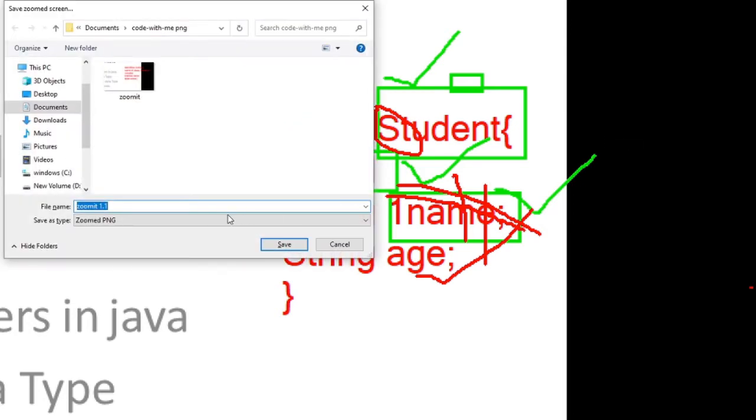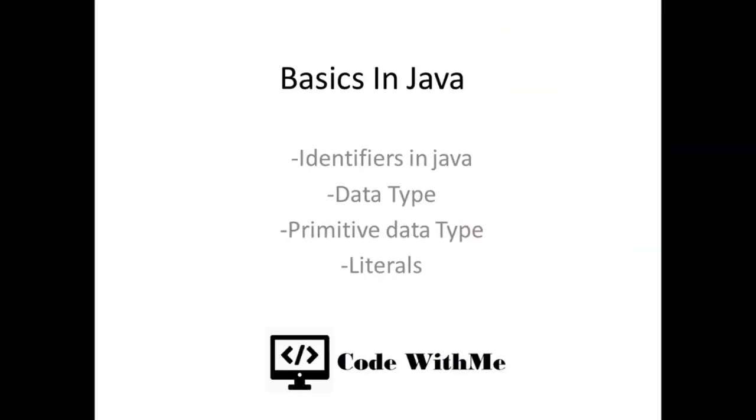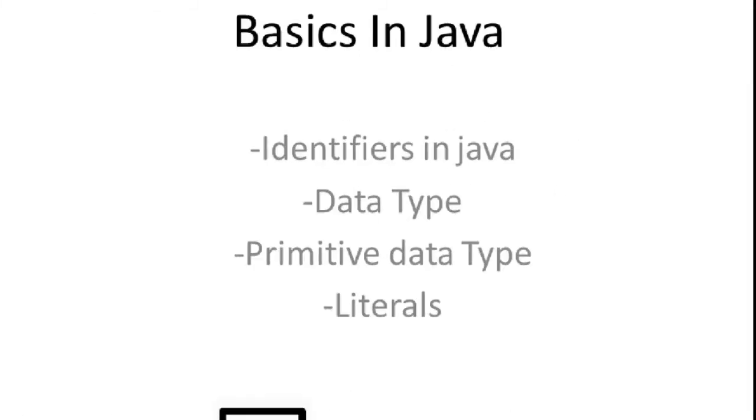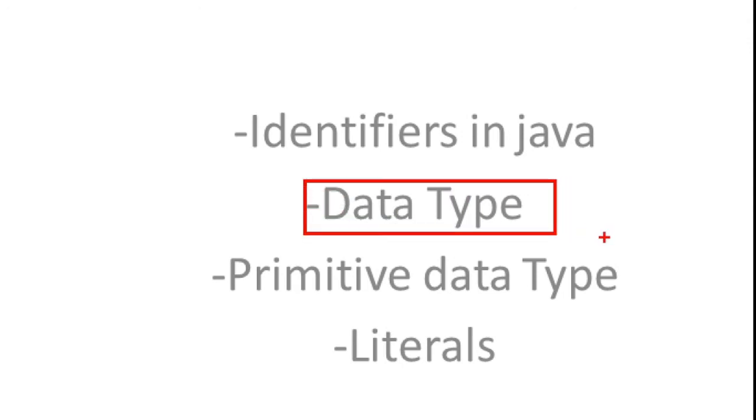So I think right now you have a clear idea about identifiers. Let's take on another topic called data type. What is data type in Java?